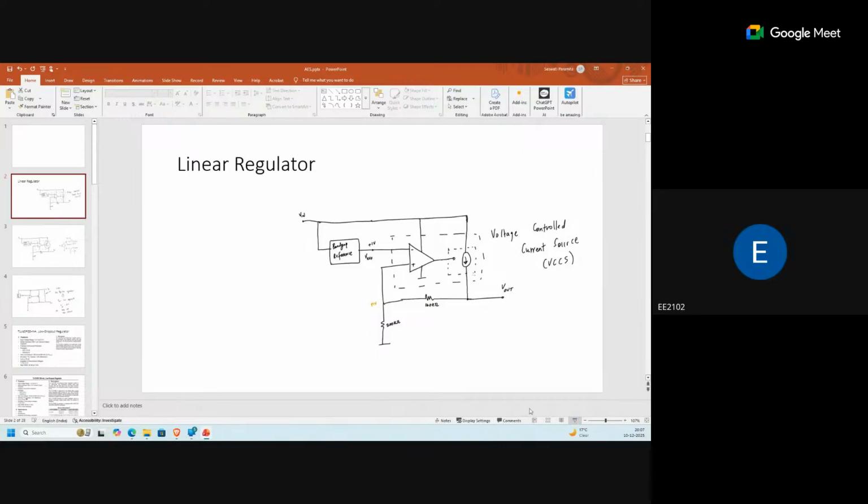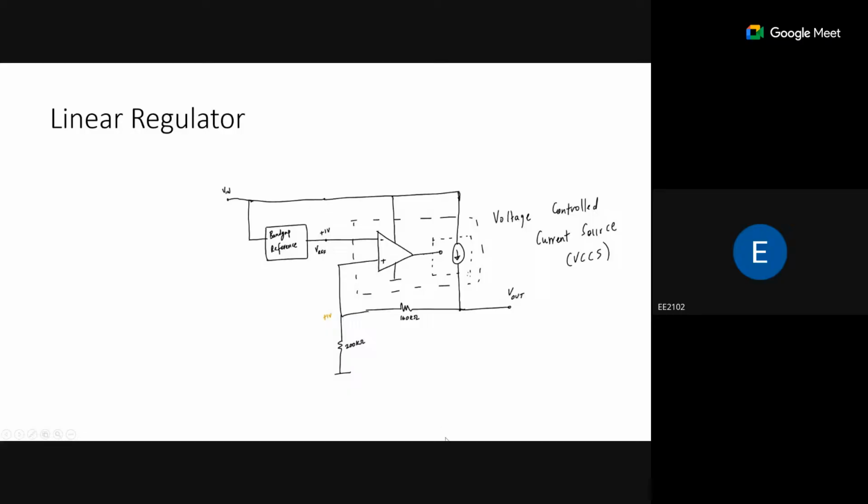Let me go for full screen. Okay, so you can see here, in the linear regulator we are taking one operational amplifier, covered in your previous lectures. You provide the input V in through this band gap reference, so the reference voltage will be applied, and you get the output here.